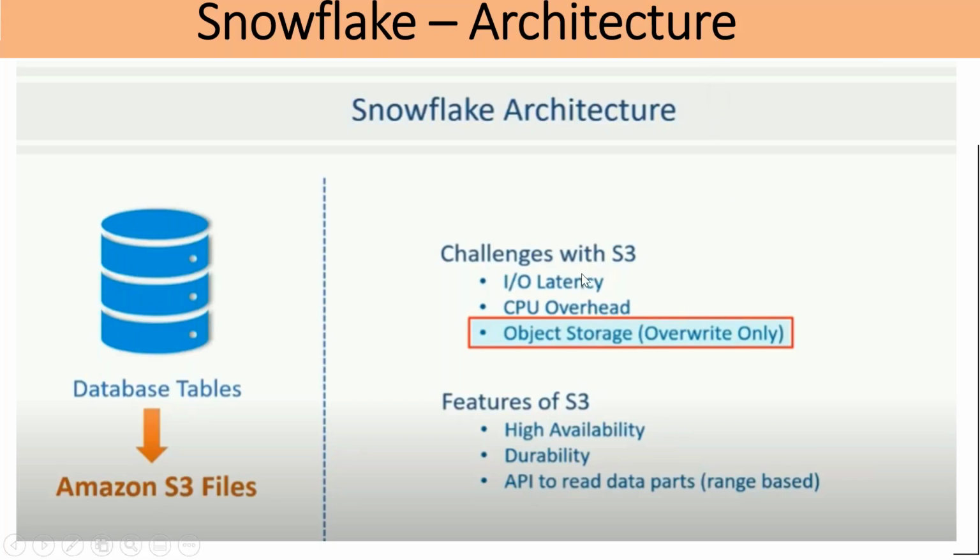The second part is CPU overhead. Depending upon the file size that you are trying to save or retrieve, all of that is CPU intensive. It has to get your file pretty fast, and it depends upon the CPU. If it's a low end machine, it takes time. With a high end machine, you get your data pretty fast.